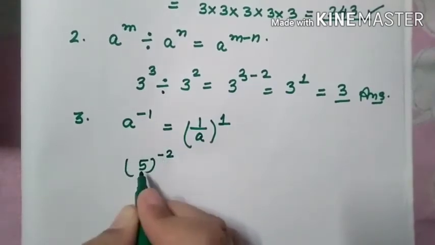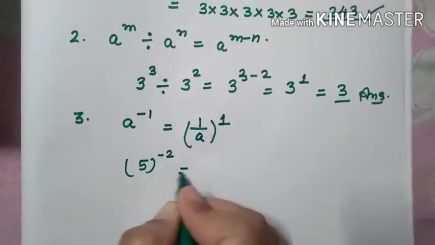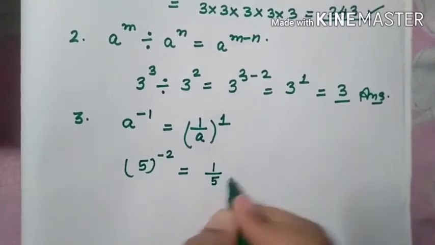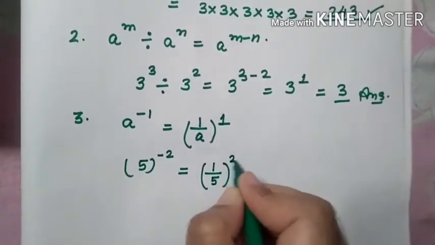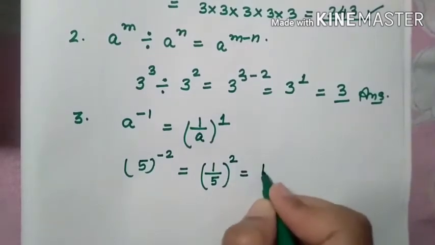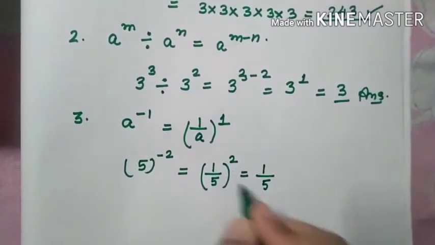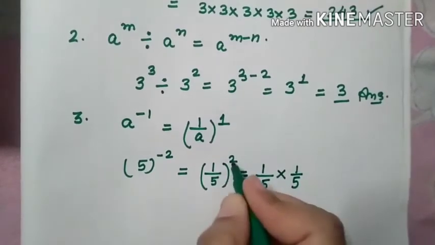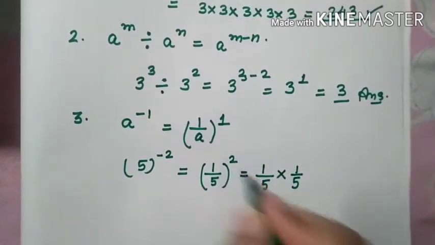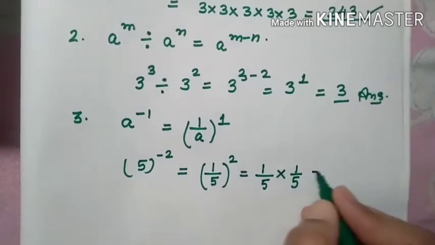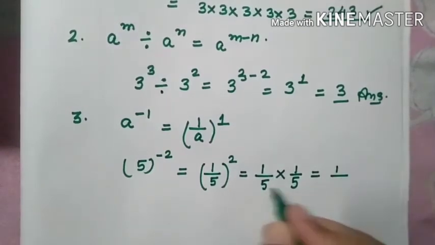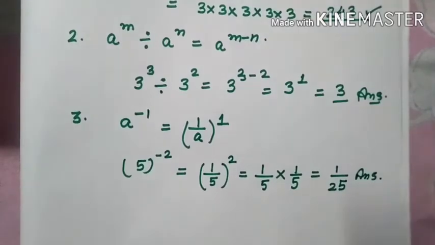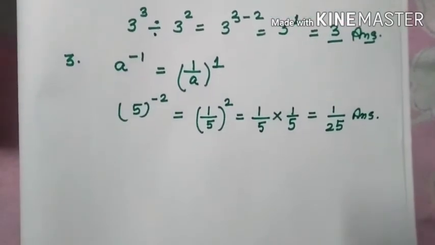We can't solve this, so we have to convert its power into positive form. So we reciprocal the number, then the power should be positive, and now we solve it. 1 by 5 is multiplied by 1 by 5. Here power is 2, so we multiply it 2 times. 1 into 1, that is 1, and 5 into 5, that is 25. Is that clear to you all?